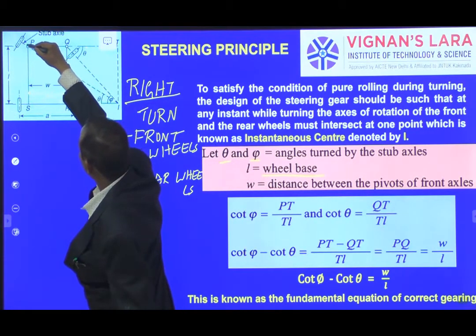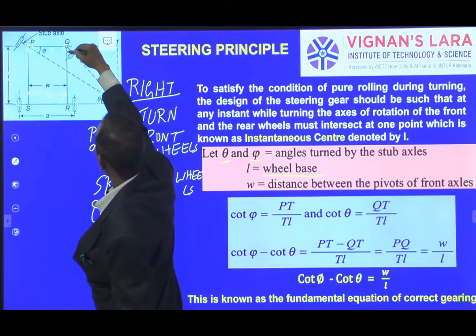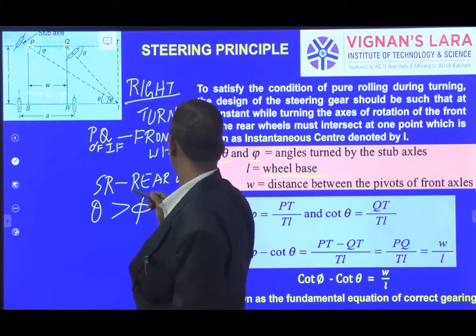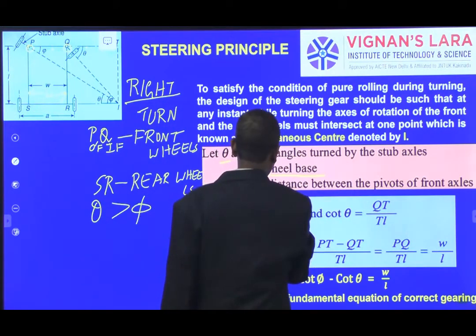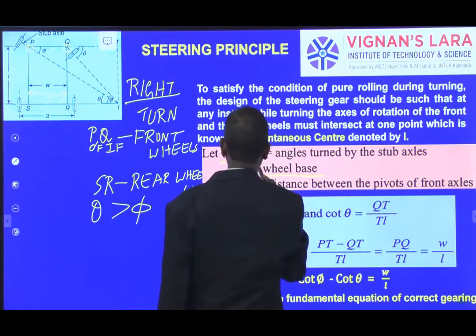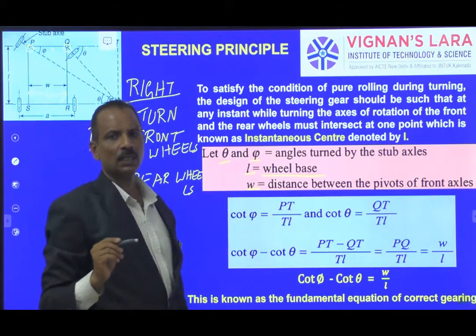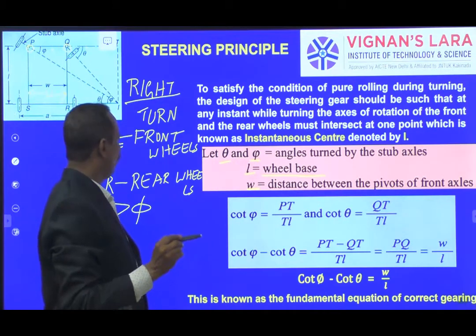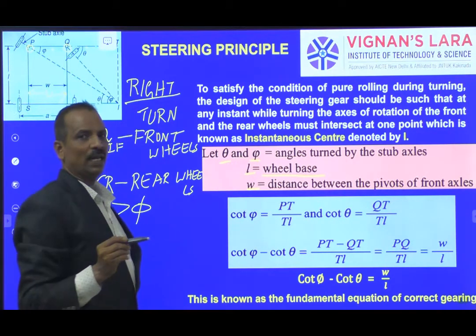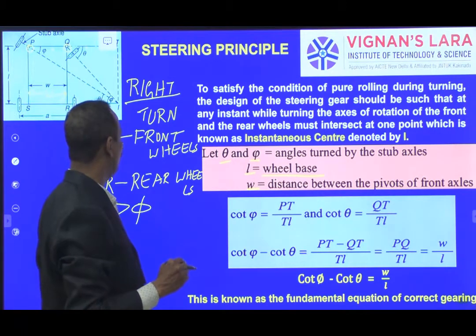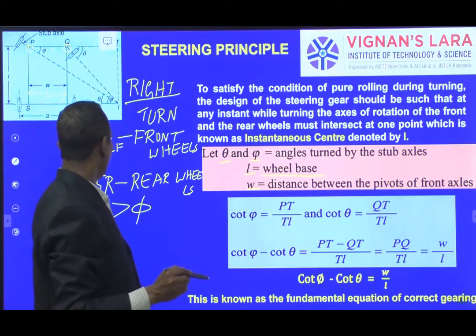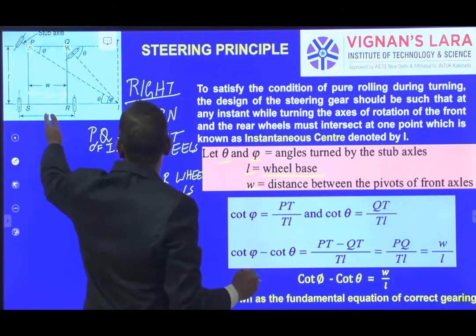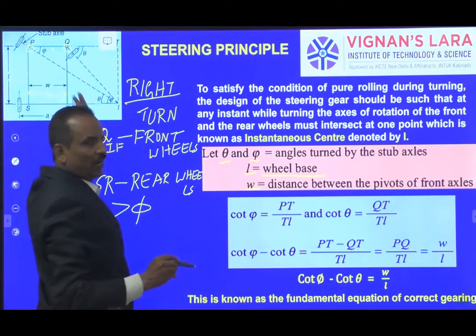This is the pivot of one wheel and this is the pivot of the other wheel, so the distance between the two pivots of the front axles is called W. So the nomenclature goes like this: theta is the angle made by the inner front wheel, phi is the angle made by the outer front wheel with the horizontal, L is the wheel base, and W is the distance between the two pivots of the front wheels.